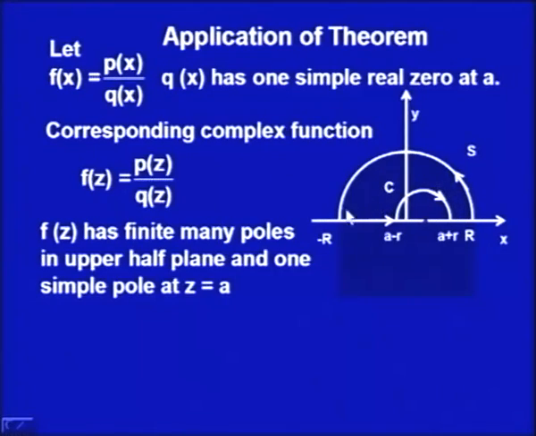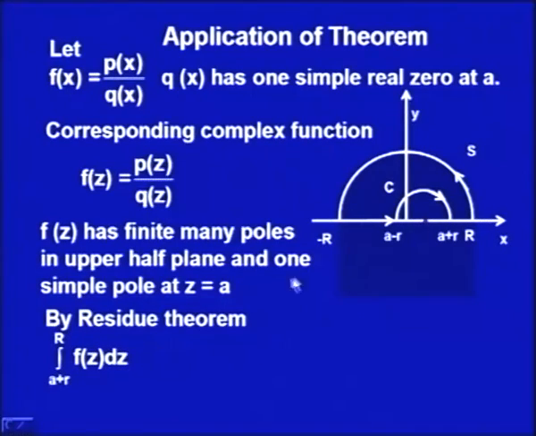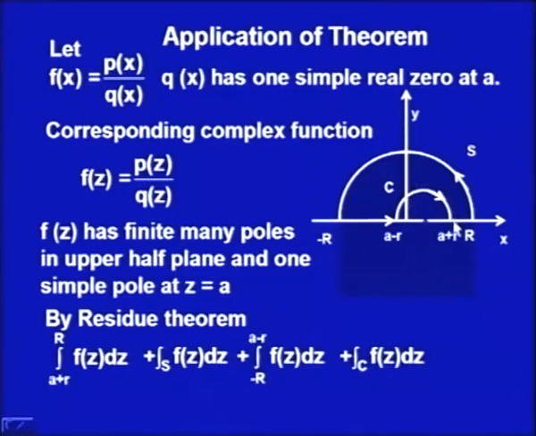Using the residue theorem we find that the integral from a plus r to R, plus the integral along the semicircle S, plus the integral from minus R to a minus r, plus the integral along this inner semicircle C, must be equal to 2 pi i times the summation of the residues of f(z) at all the simple poles in the upper half plane.